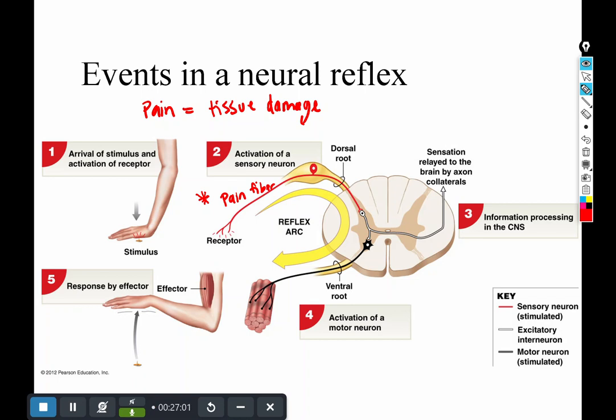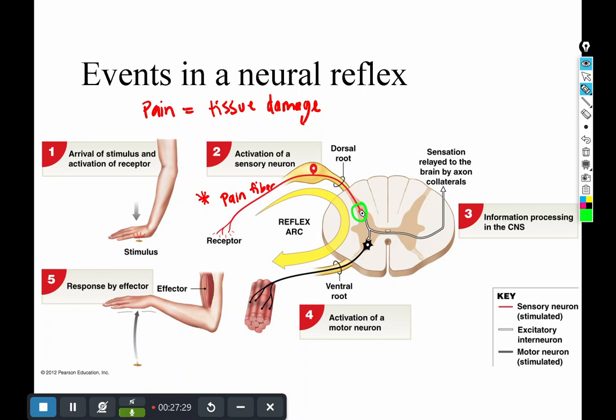So the sensory neuron carries that action potential up along its axon, passing its cell body in the dorsal root ganglion and entering in the dorsal gray horn. In this case, we have a polysynaptic reflex where there's more than one synapse, so it's going to synapse on an interneuron here. And that interneuron has two collaterals.